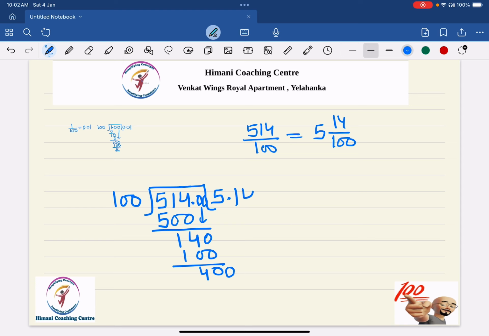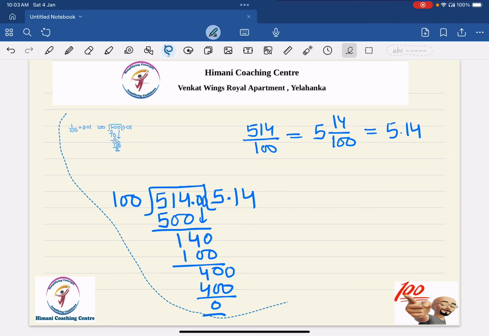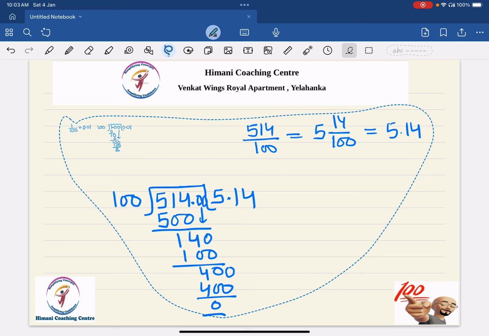So now 100 times 4 is 400. So what are we finding? That 514 upon 100 as a decimal can be written as 5.14. So this is very, very important for you to understand.